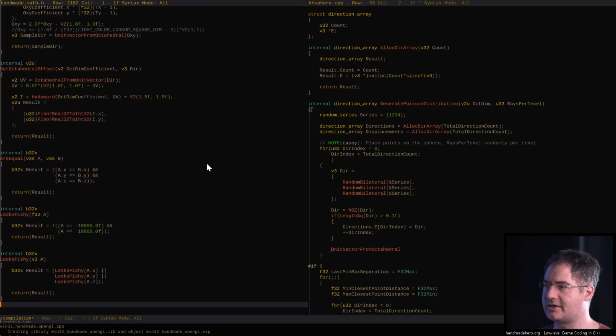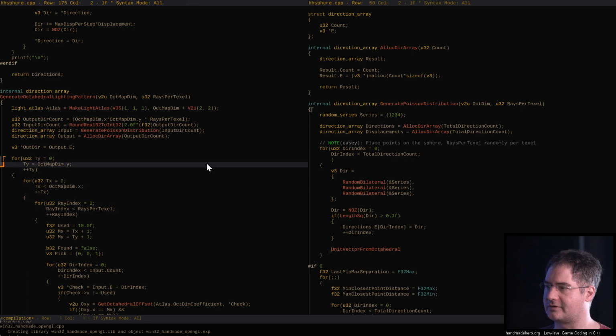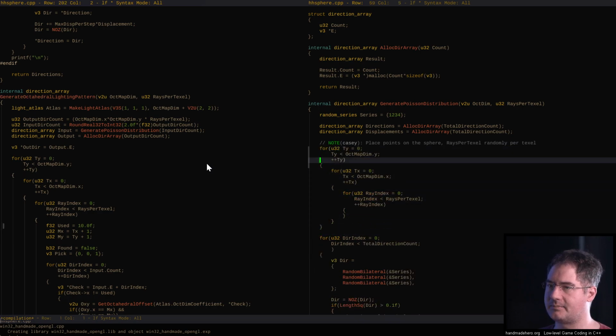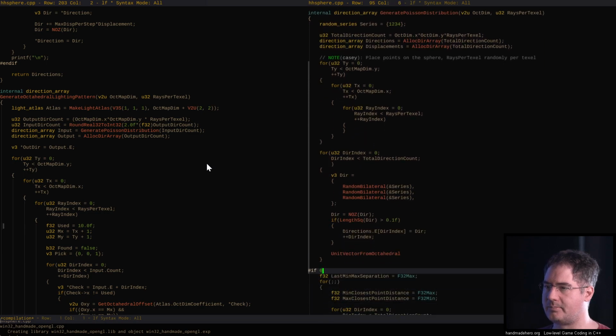We would then have yet another of the exact same structure of loop. Everything basically just looks like this in these routines, right? So we basically just go through and we say, all right, the total direction count is now, as it was before, always going to be octdim x times octdim y times rays per texel. And then we're going to seed them by doing this nonsense.